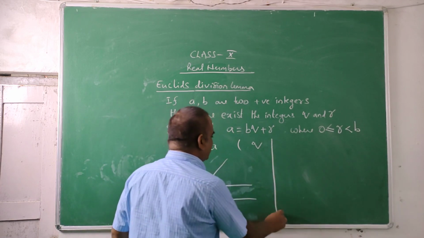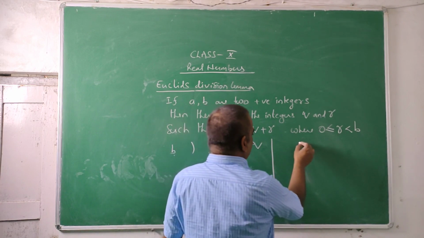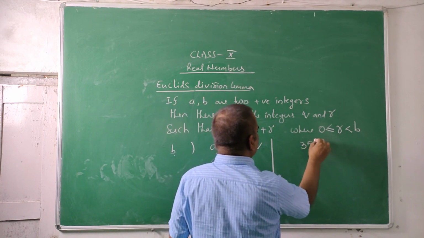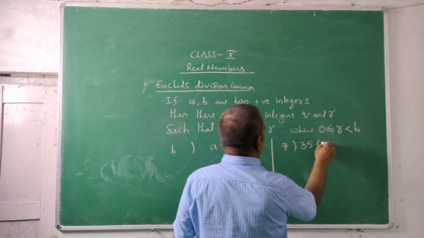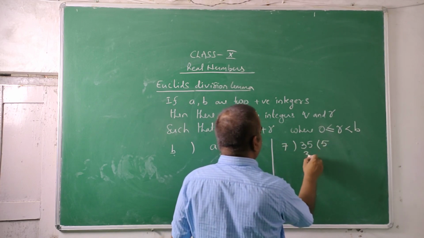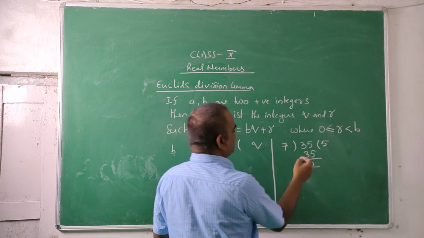Suppose we observe an example. When 35 is divided by 7, 7 fives are 35, then the remainder is 0.